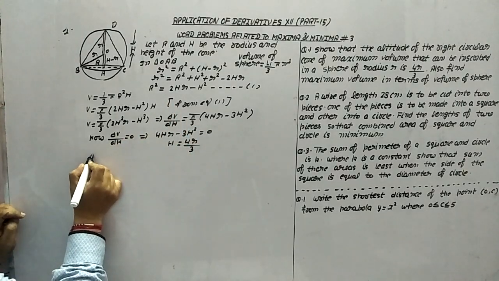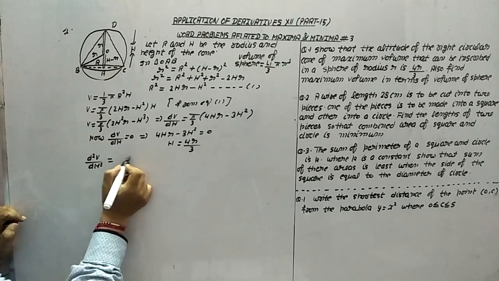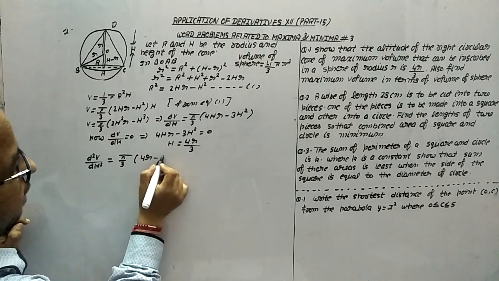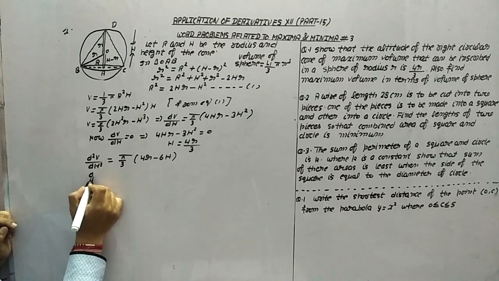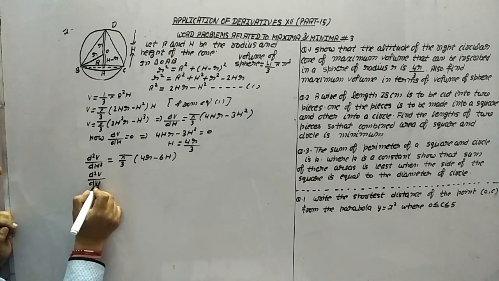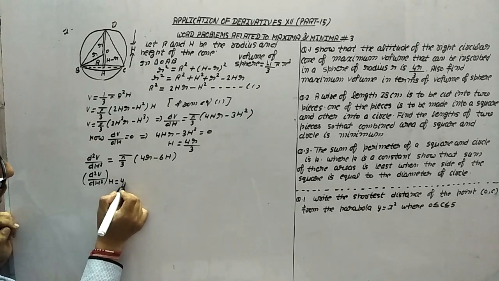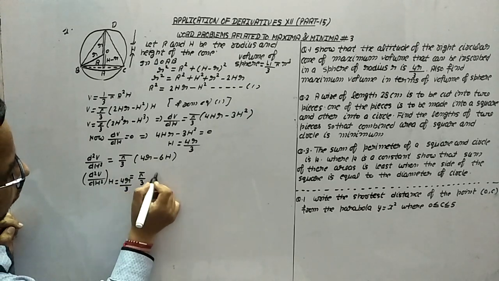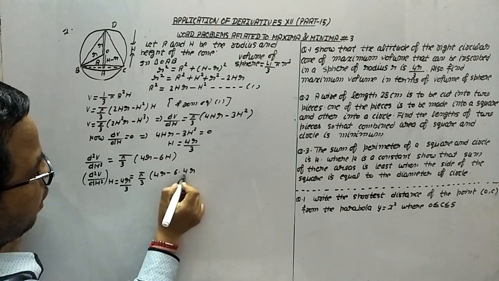Now we will find out d2V over dH square. d2V over dH square means pi by 3 (4r minus 6H). d2V over dH square at H equal to 4r by 3 means pi by 3 (4r minus 6 into 4r by 3).